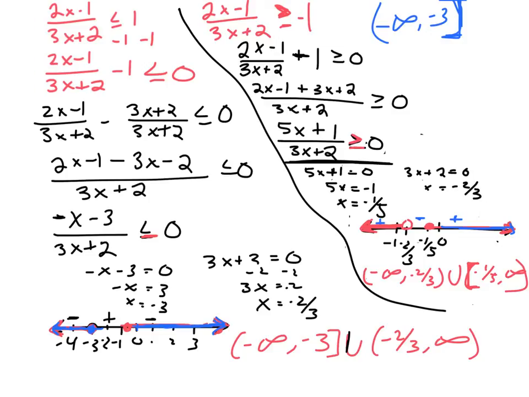Because this one goes all the way to negative 2 over 3, and negative 2 over 3 is less than negative 1 over 5. So I'm still good. But then once I try going beyond that, this one will still be met, right? But this one won't. So I'll have to stop there. So I'm going to have to stop at negative 1 over 5, but then I can go all the way to infinity. Okay? So there you go. This will be my solution here.